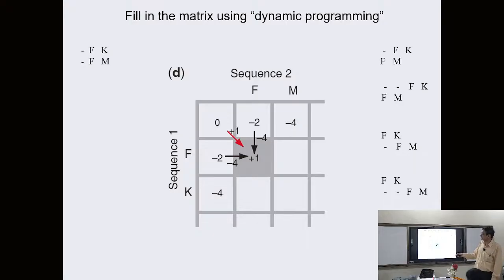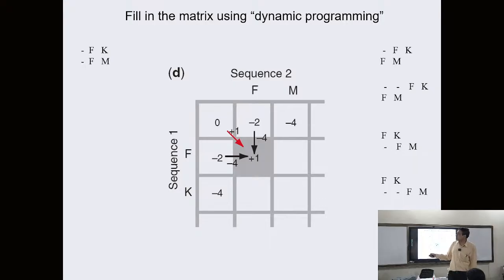So what is here? Let's look at this cell. F. Is it a match or mismatch? Match. Okay, so 0 plus, what is the score for a match? Plus 1. So 0 plus 1 is 1. So I am going to write plus 1. Okay. Then this is vertical. Vertical is a gap, and a gap gets a score of -2.